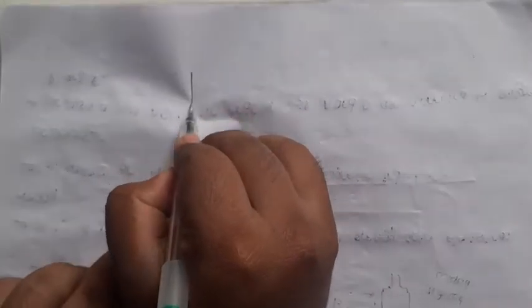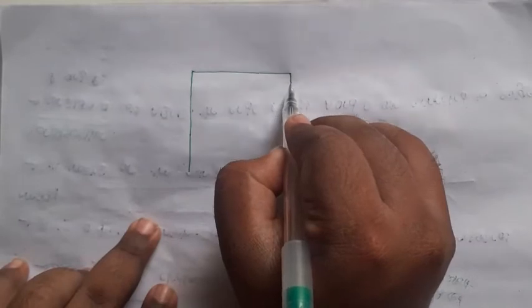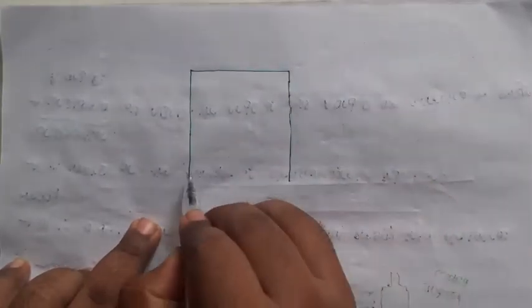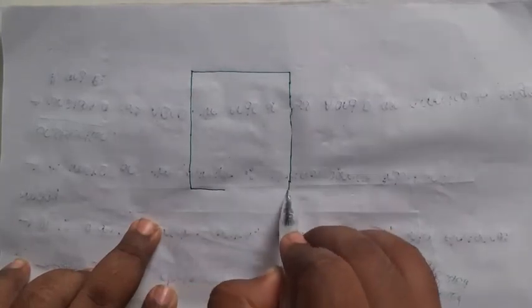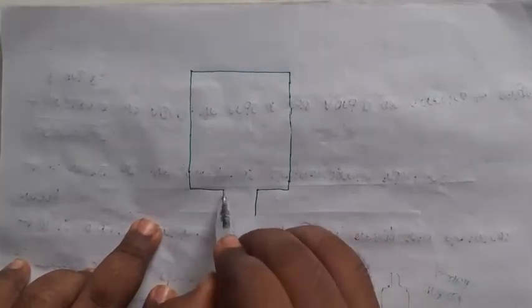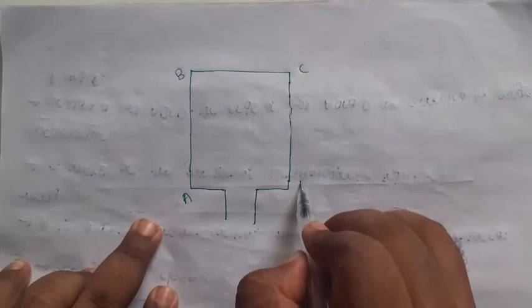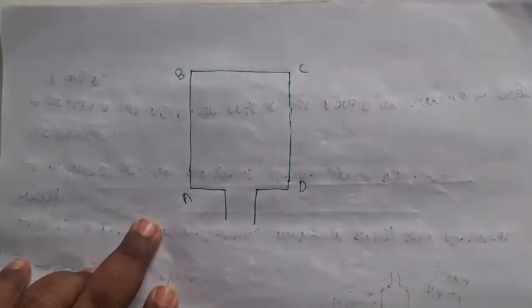This is the coil ABCD in the form of a rectangular shape.